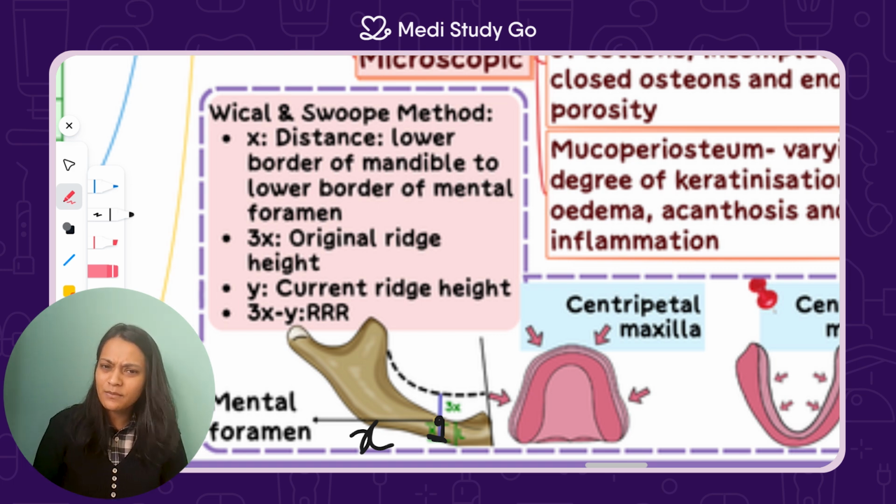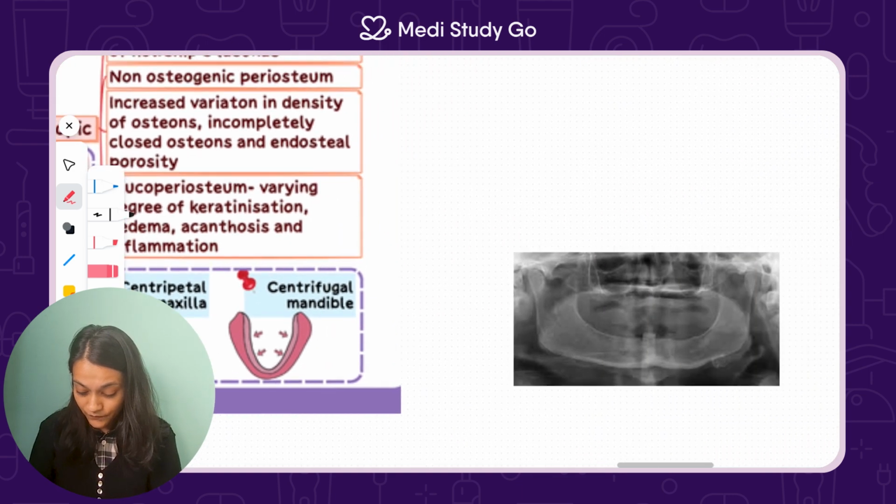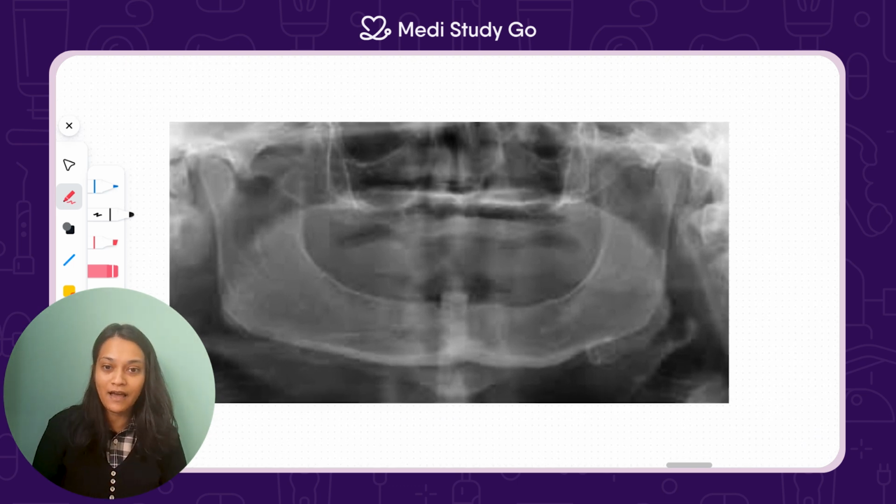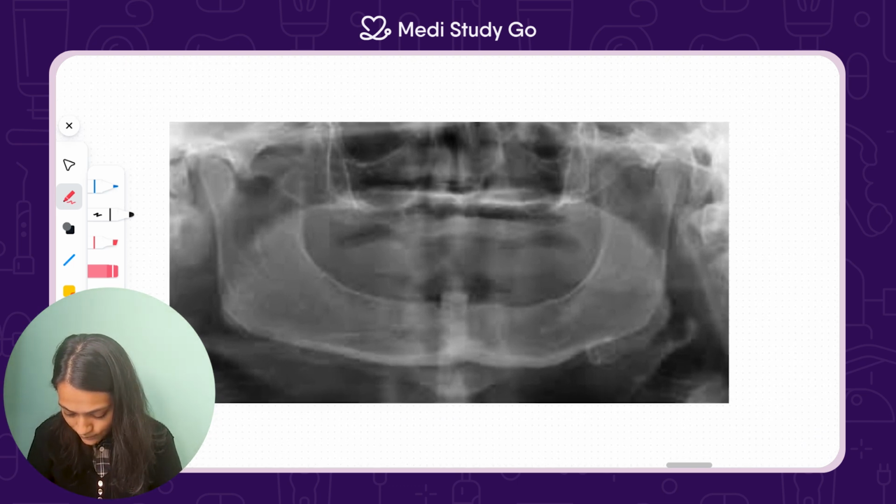Now, is it possible to do it in the patient's mouth? No, not really. This will be done when you use OPG. So this is basically a radiographic evaluation method. So what you do? You identify the mental foramen, you draw this x from the inferior border.